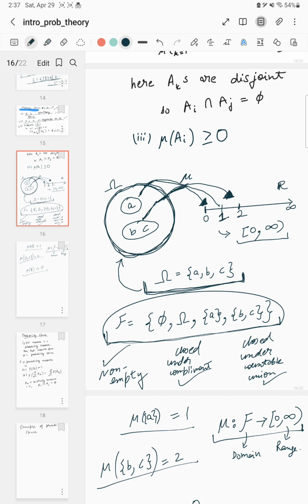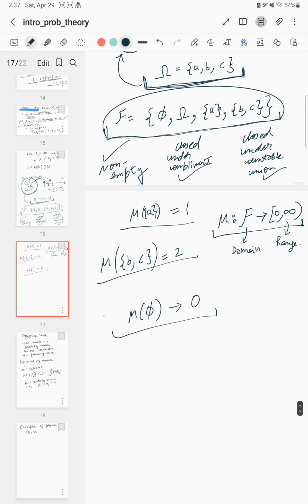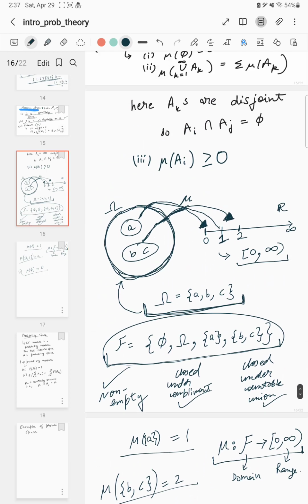So the corresponding point in the positive real number line would be 0. So the first condition is that the measure of the null set would be 0.